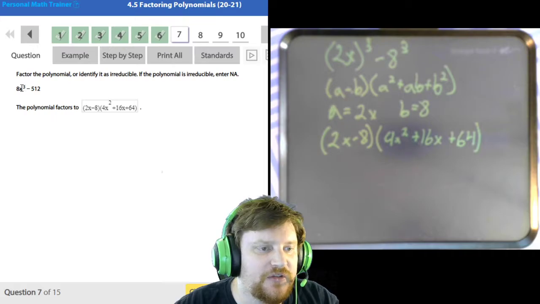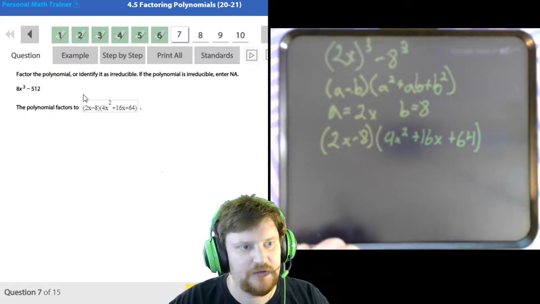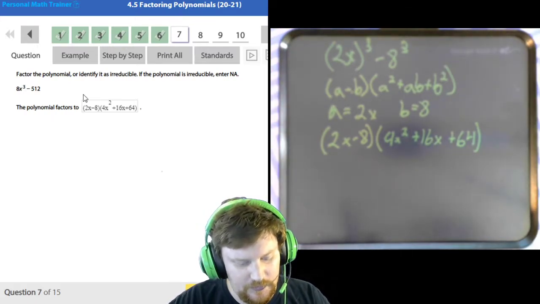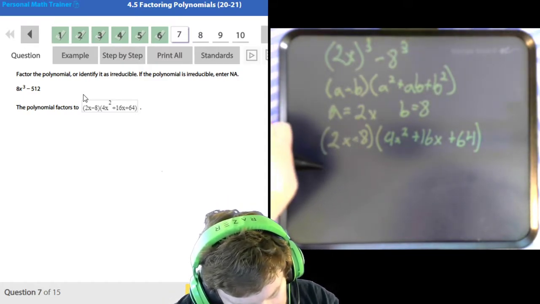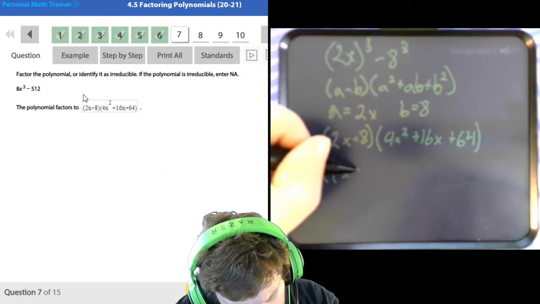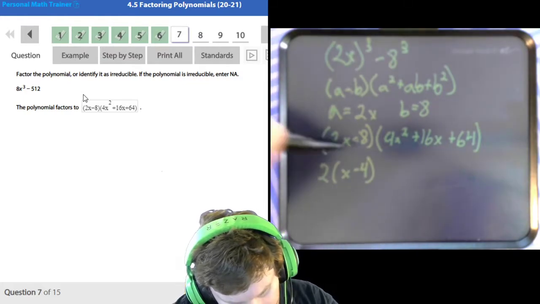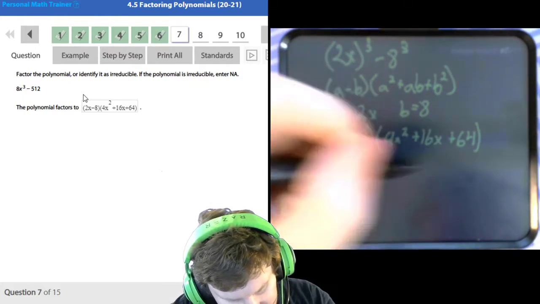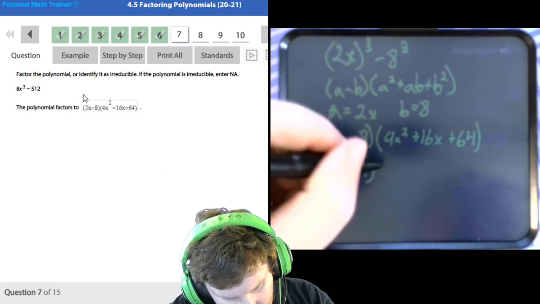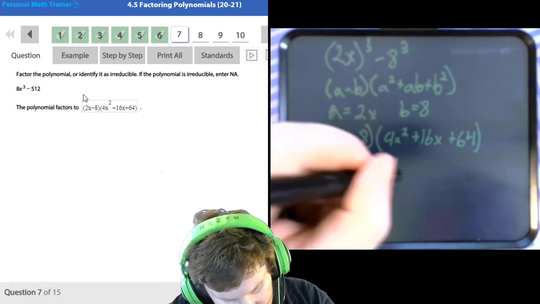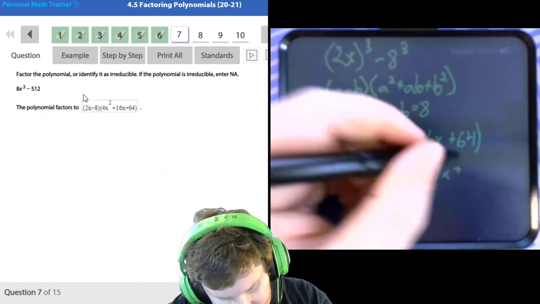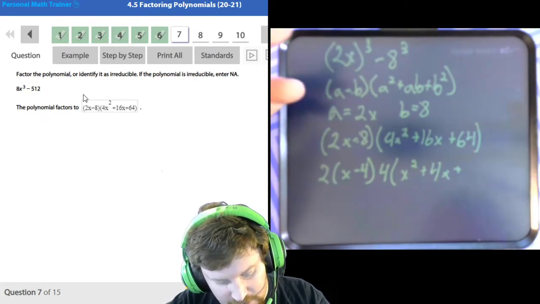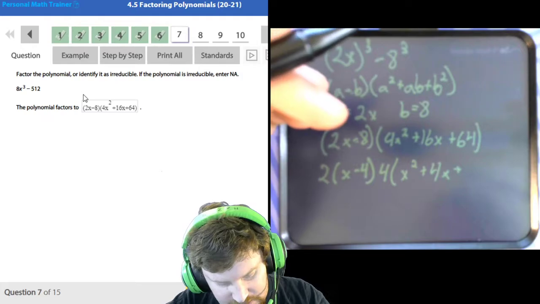So because 8 goes into both of these, well, I can pull it out here. So 2x minus 8 is x minus 4 with a 2 on the outside. And then you can see that this is all divisible by 4, so I can pull a 4 out of this. X squared plus 4x plus, see, 64 divided by 4 is what, 13? No, that can't be right.